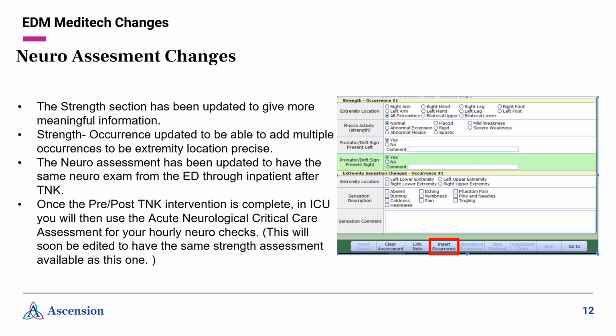The neuro assessment has also been updated so that the same neuro exam will be done from the ED through inpatient after TNK. In the ICU, once TNK intervention is complete, you will then switch over and use the acute neurological critical care assessment for your hourly neurochecks. This assessment will soon be edited to have the same strength assessment available as the one that you are seeing now on the screen.